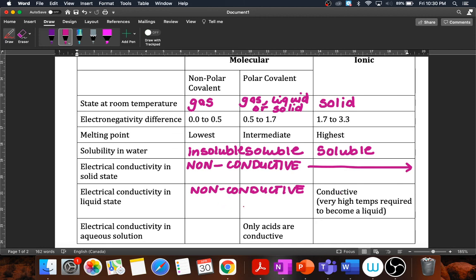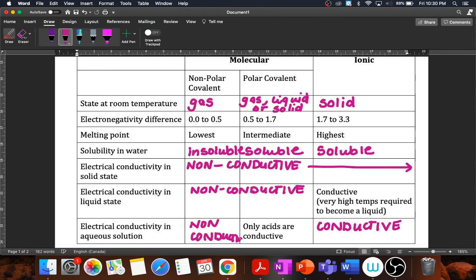And ionic compounds, if dissolved into an aqueous solution, are conductive. Nonpolar covalent compounds, even if dissolved in an aqueous solution, are non-conductive.